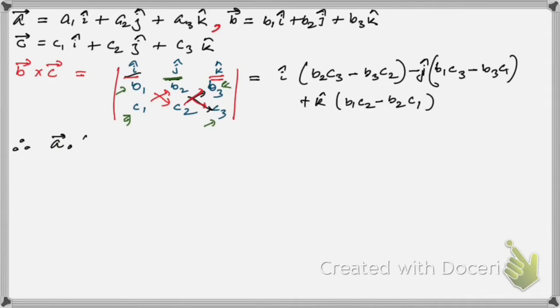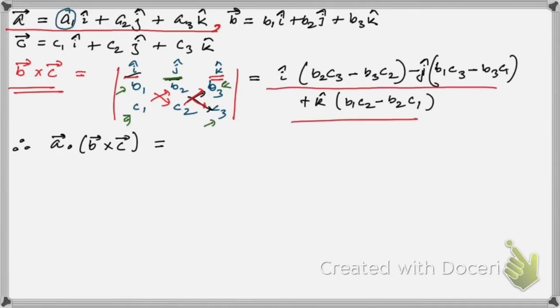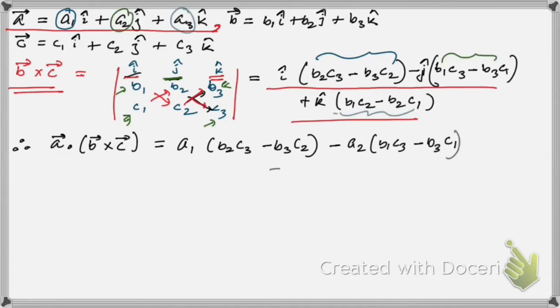So if you find a dot b cross c, you have to multiply vector a with b cross c. a1 should be multiplied with this part, similarly a2 should be multiplied with this part, and a3 should be multiplied with this part.